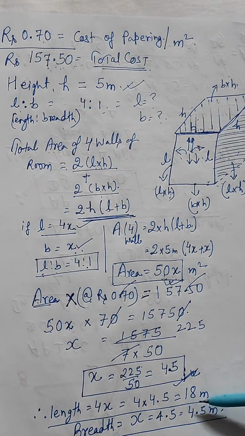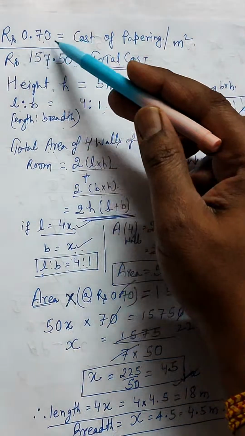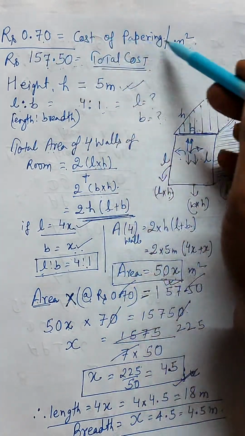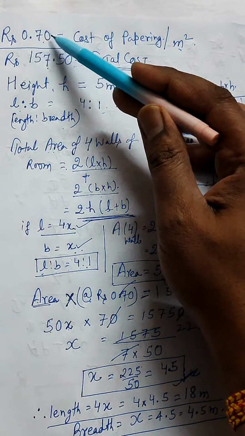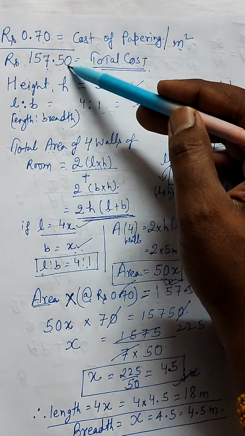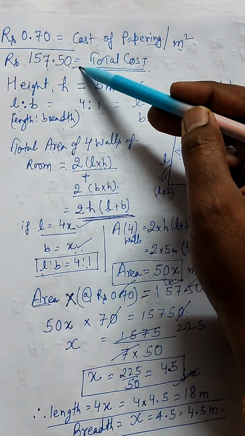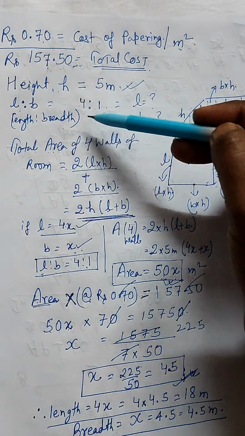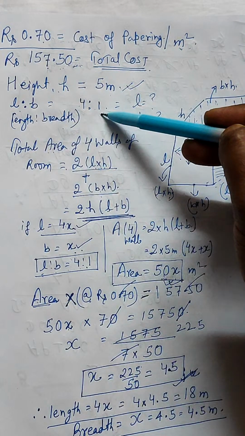In this question, it's given that the cost of papering the wall is rupees 0.70, the rate per unit, per meter square, and the total cost which you are bearing is rupees 157.50, and the height of the room is given as 5 meter, and also it is given that length and breadth are in the ratio 4 is to 1.